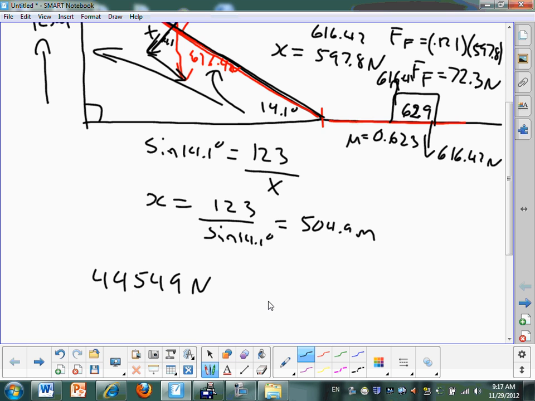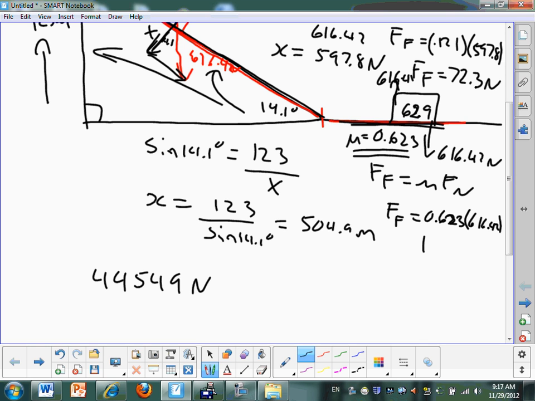To find his force friction on the flat surface, force friction is mu times force normal. I have a different mu on the flat surface as well. It's even stickier on the flat surface, possibly no more snow. Could be rocks, could be anything. 0.623 times my force normal of 616.42.